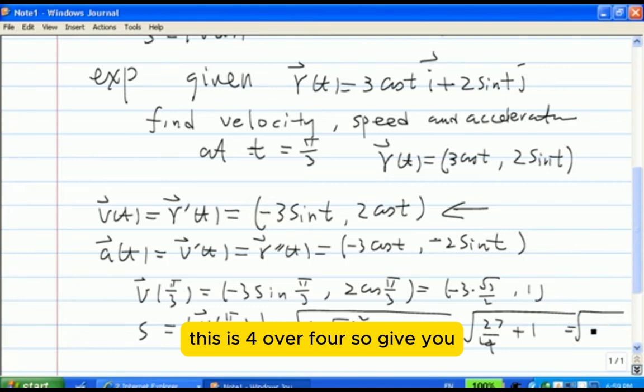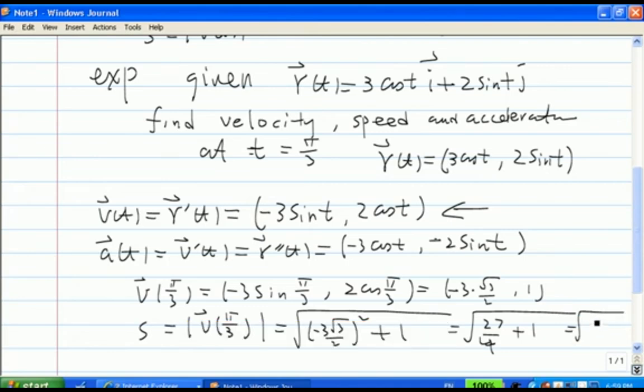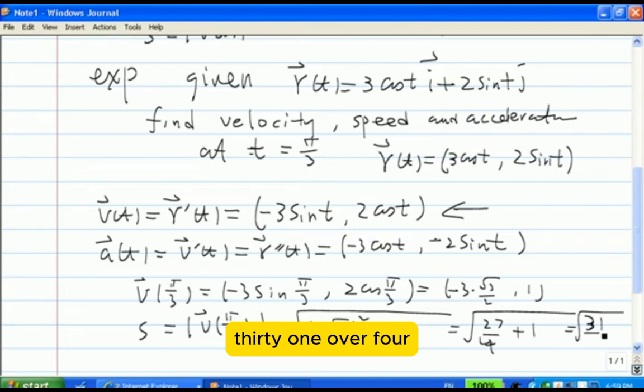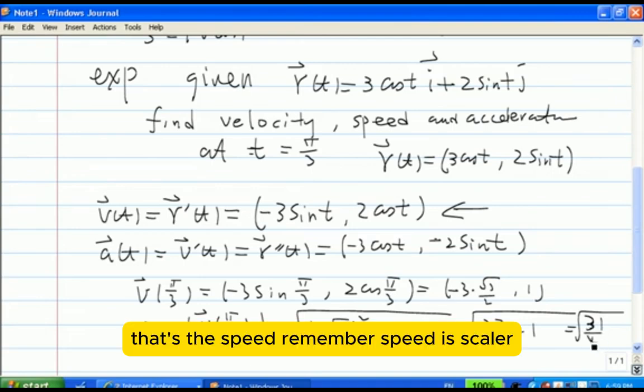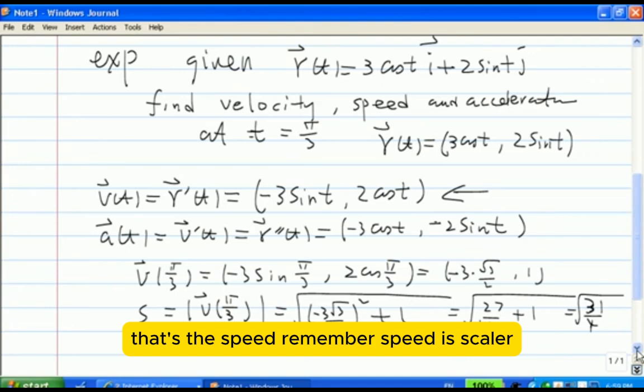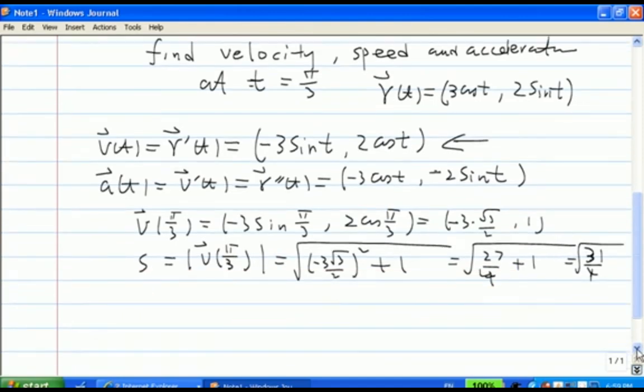So that gives you 31 over 4. That's the speed. Remember, speed is a scalar, velocity is a vector.